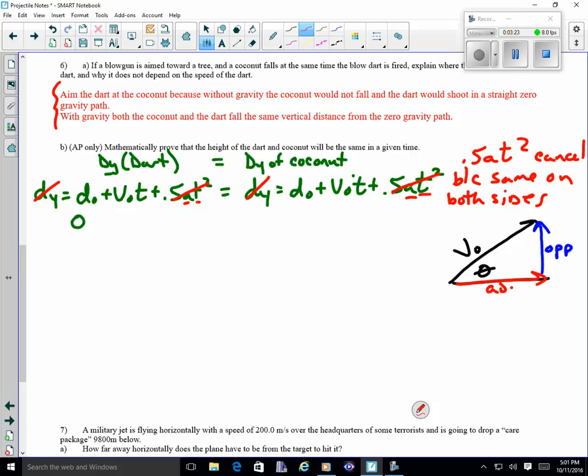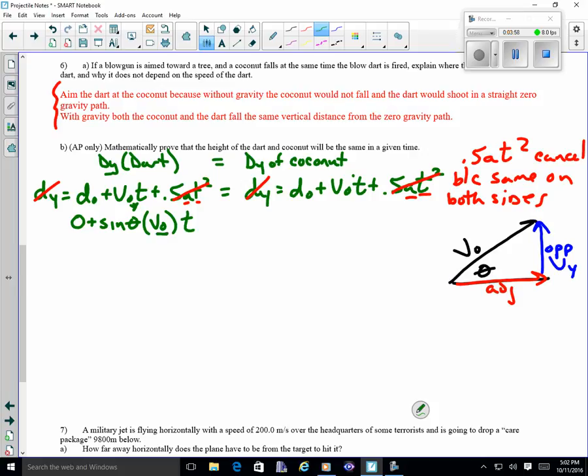To get the velocity in the y direction, I'm going to have to use the sine, because whenever you're trying to find the opposite side and you know the hypotenuse, you use the sine of the angle. So I'm going to put sine of theta times the hypotenuse, which is v0. Now this becomes the velocity in the y direction, because this v0 right here is diagonal. I'm going to bring down my t.